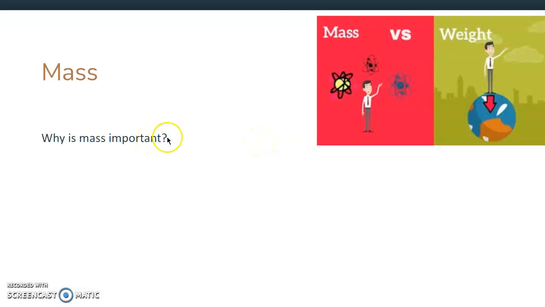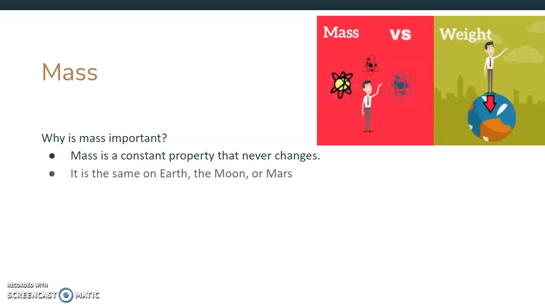So I'm also going to try though. Why is mass important? We're going to start with mass. Mass is a constant property that never changes. Mass is important to know because it's how much matter is in an object. It's also the same on Earth, on Mars, on the moon. It has nothing to do with the different gravitational pull, the different effects that our Earth will put on us.